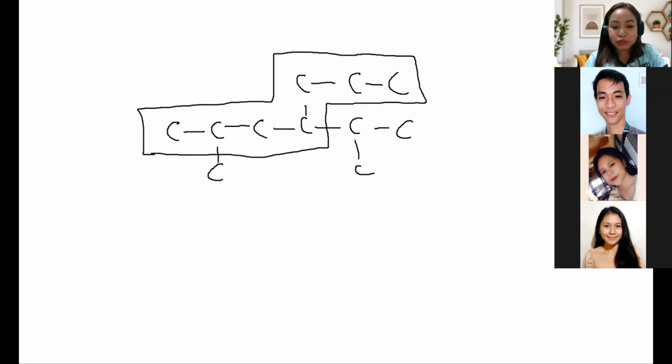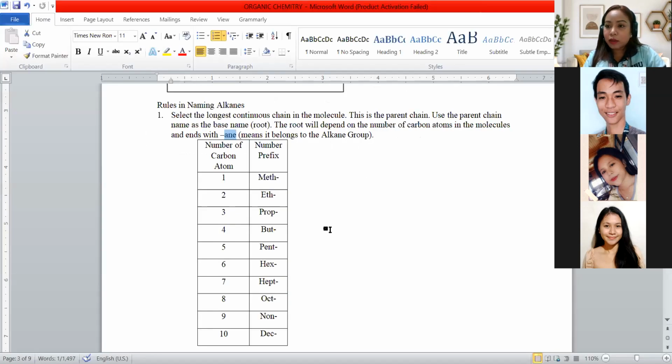So, next rule. How many carbon atoms are in this parent chain? 7. So, hept. Which group does it belong to? Is it alkane, alkene, or alkyne?